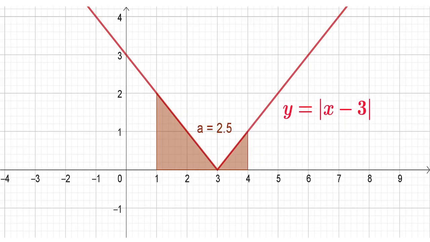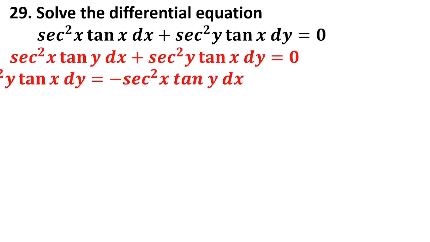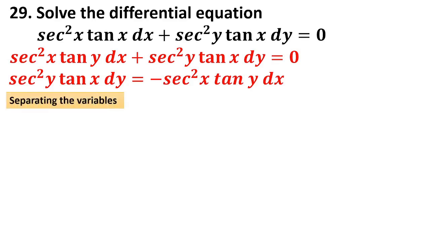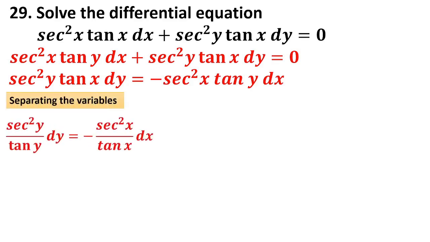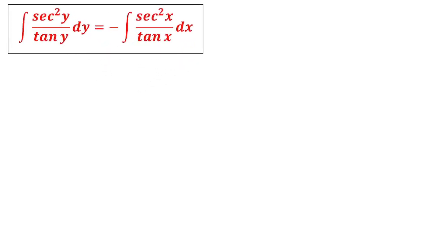Now this is the graph of that integral. Solve the differential equation secant square x tan x dx plus secant square y into tan x dy. Variable separable, keeping all y in the left hand side, bring all x to the right hand side, integrating. Now this integral is to be done by substitution, because the numerator contains the differentiation of tan y in the left hand side, differentiation of tan x on the right hand side.